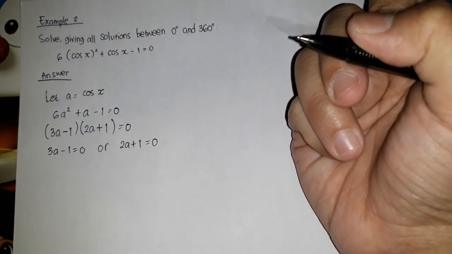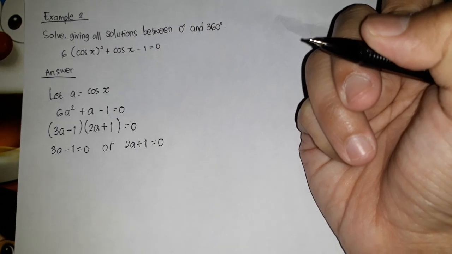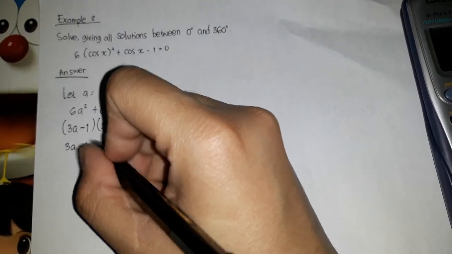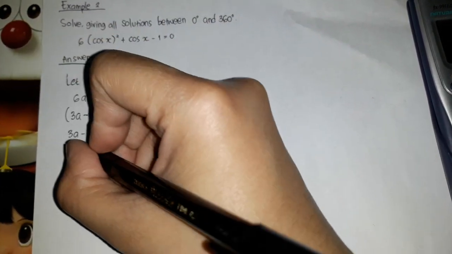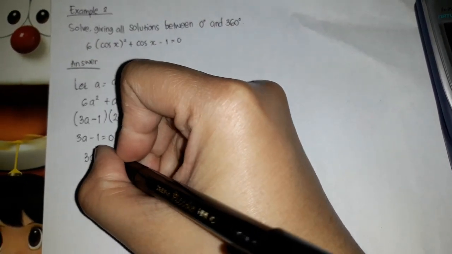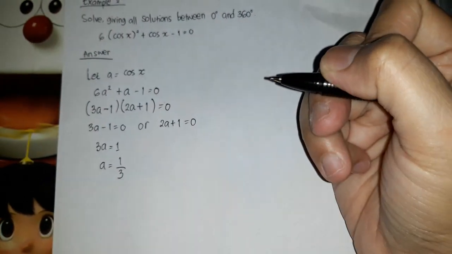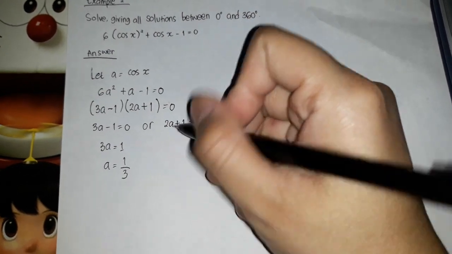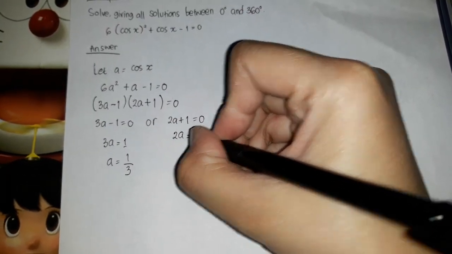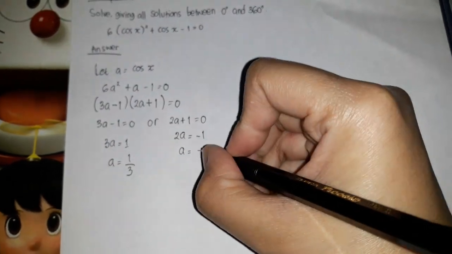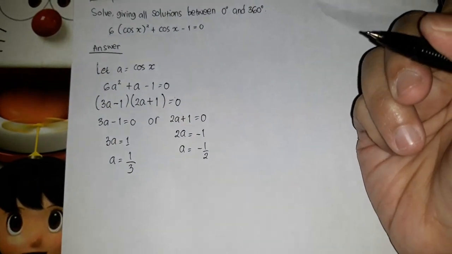Let's solve these equations. We have 3a is equal to 1, so a is equal to 1 over 3. And then 2a is equal to negative 1, so a is equal to negative 1 over 2.